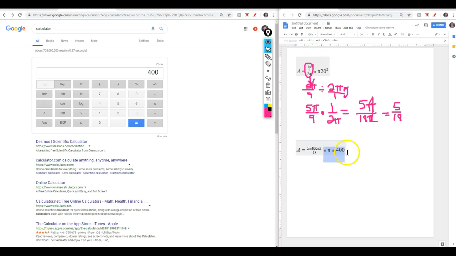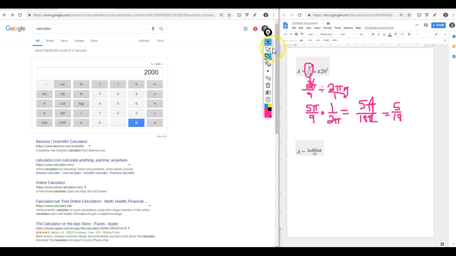So I just multiplied that all to the numerator, and again the denominator for pi is 1, so 1 times 18 is 18, and again the denominator for 400 is 1, so 1 times 18 is just 18. So let's try this. What's 5 times 400? That's 2,000. So 2,000 divided by 18.